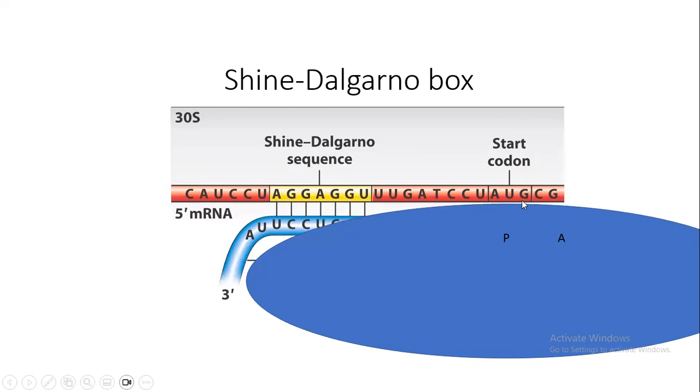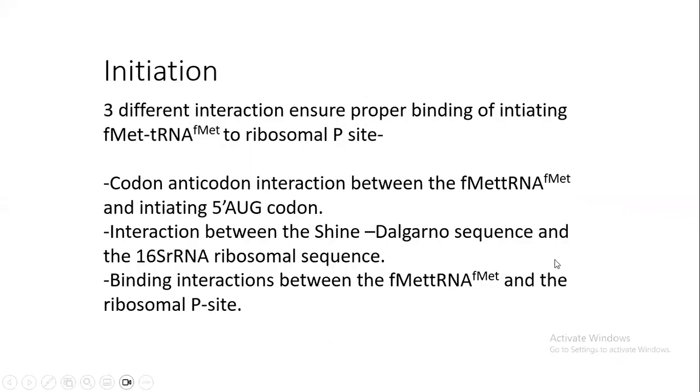Also, whatever is the frame of this AUG codon, that is considered as the correct reading frame, or the protein is synthesized according to the frame of the AUG start codon. So 3 different interactions basically ensure proper binding of the initiating formylmethionine transfer RNA to the ribosomal P site.